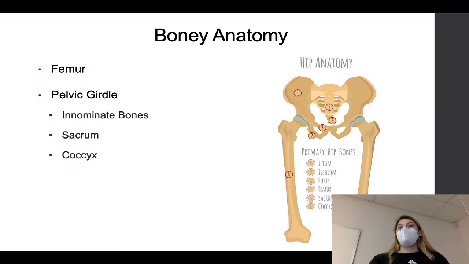Your innominate bones are the ear-shaped part. Right here you can see those innominate bones. The sacrum is this little butterfly piece that has all the holes in it, and the coccyx is our tailbone. The femur plus your pelvic girdle, all of this, equals the hip. Your pelvic girdle is also what attaches your legs onto the rest of your body.